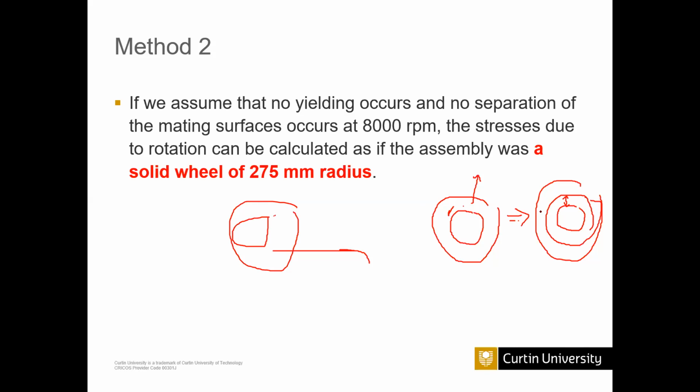So if you apply the theory separately to the two cylinders, keep in mind you need to focus on this gap. If there is any gap, your calculation is going to be wrong. But if you consider one single solid cylinder, you don't have to worry about the gap.